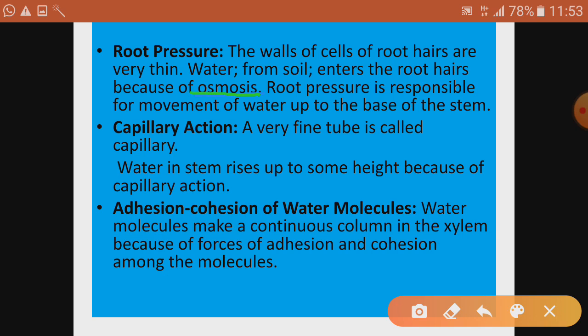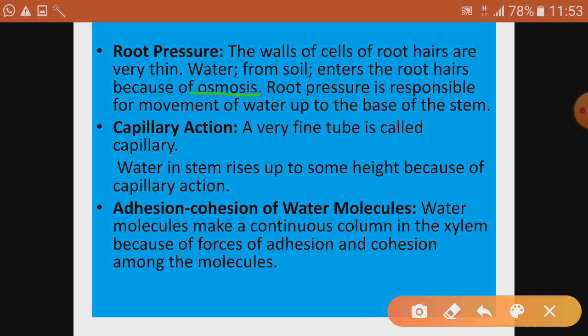Higher concentration of water is in soil. So from soil the water moves to the roots, because inside root there is lack of water. And you know that in osmosis a semi-permeable membrane is also required, and the outer layer of the root acts as a semi-permeable membrane. So the moral of the story is that water gets inside the root by the process of osmosis.